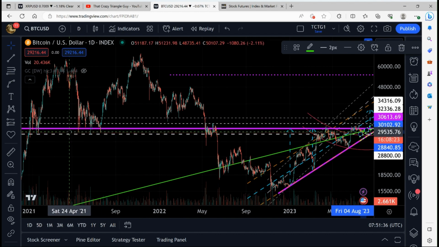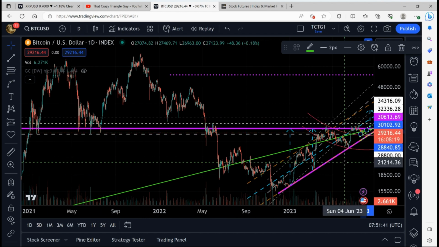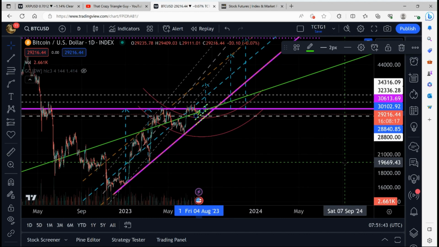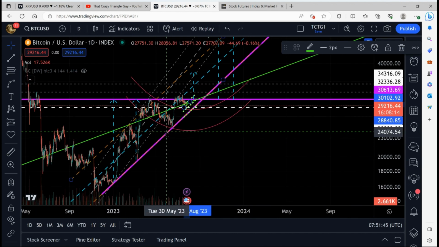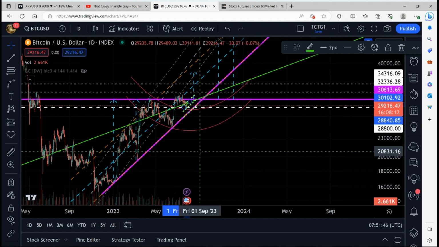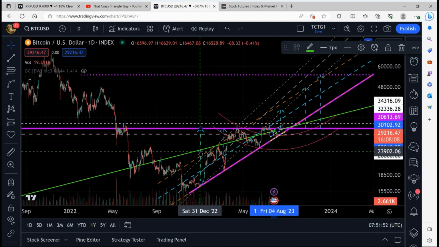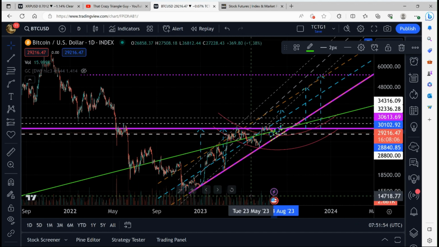So we're testing this whole support range right here. So that's why the top of the triangle isn't real cut and dry. Anyway, the ascending triangle is a bullish pattern.